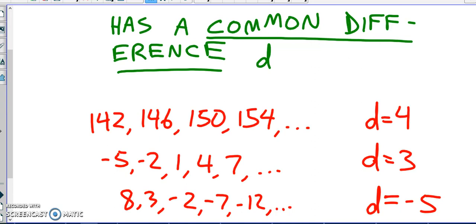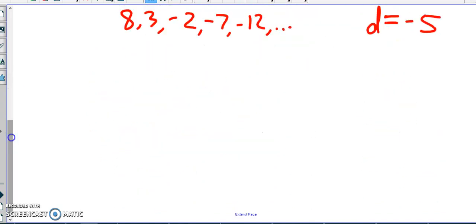Now, if you were to plot a graph of this kind of sequence, it'd still be a discrete graph in that you'd have just individual dots, but basically they'd all lie in a line, like so, the slope of which would be the common difference.